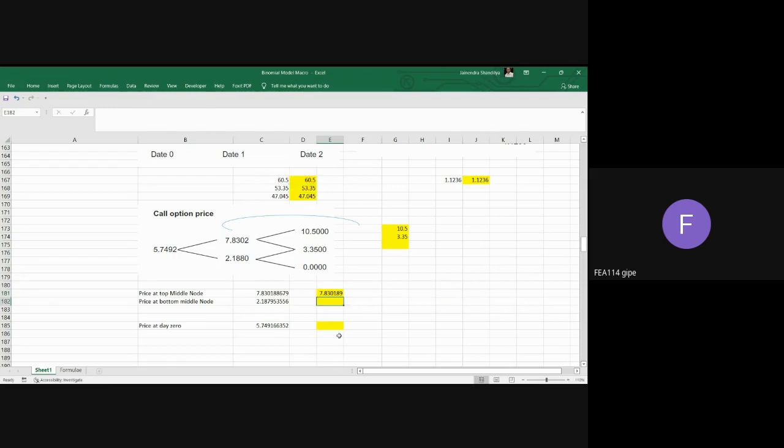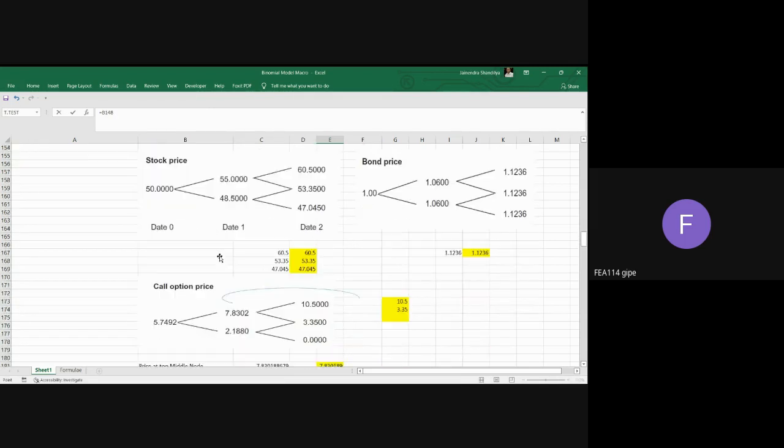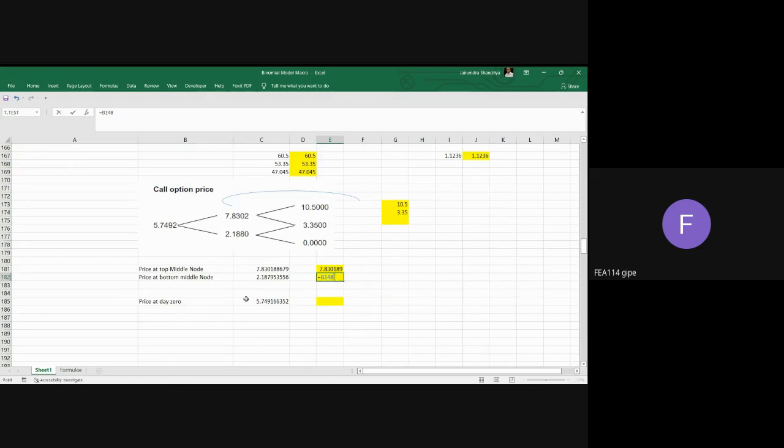Okay. In a similar way, at the bottom middle node, we use the same QU. So this is QU into the maximum of the bottom. There are two prices, 53.35 and this.